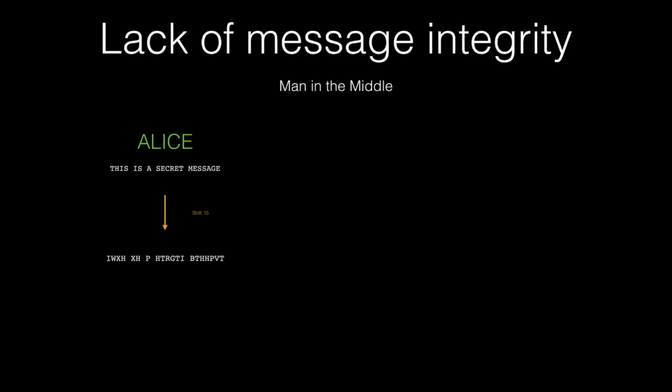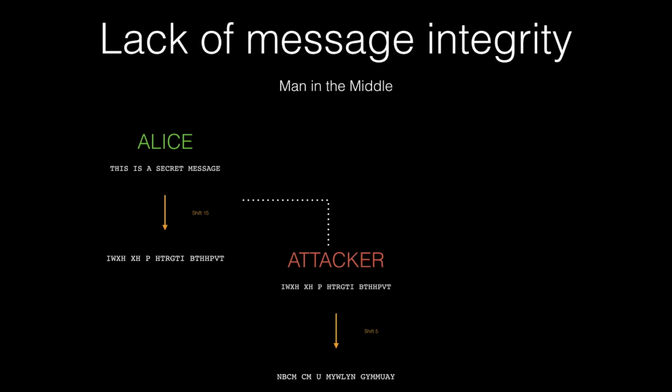So this type of attack is called a man-in-the-middle attack. What happens is Alice will try and send her encrypted message to Bob, but an attacker will actually intercept the message. So now the message isn't going to reach Bob at all unless the attacker sends it on. But before he sends it on, he's going to apply his own shift. He's going to shift it further by 5.